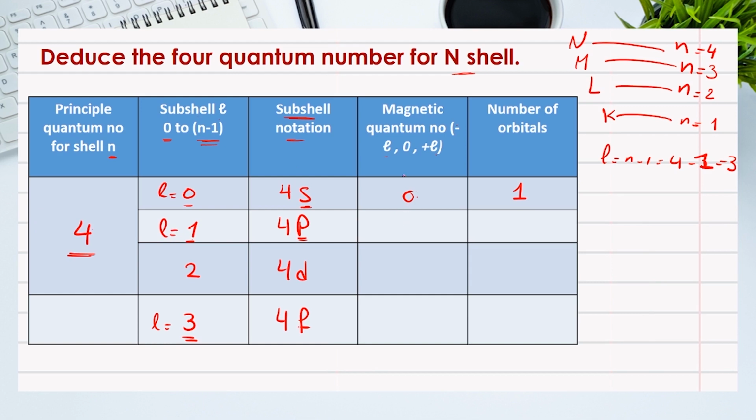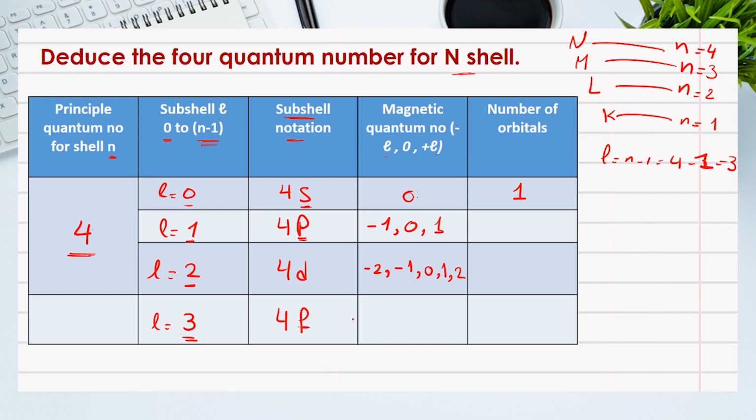Now for l equal to 1, this means I have the magnetic quantum number values -1, 0, and 1. For l equal to 2, I have magnetic quantum number values -2, -1, 0, 1, and 2.